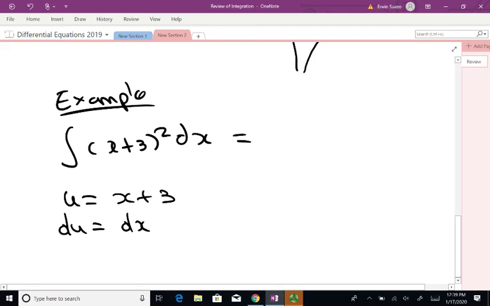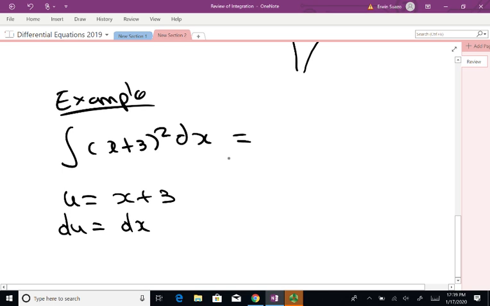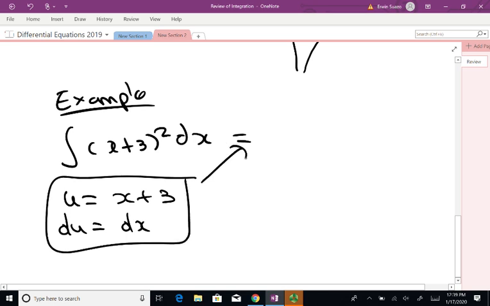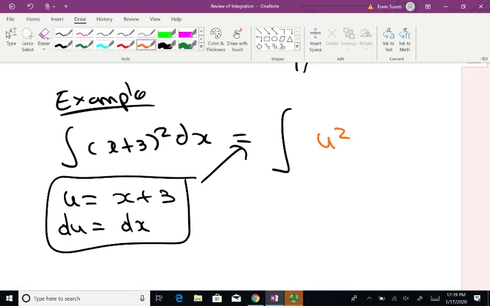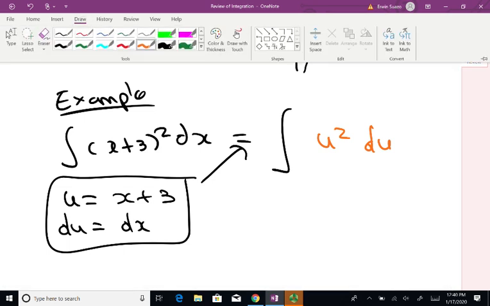So now we substitute. I get the integral where, instead of x plus 3, I write u, so I get u squared, and instead of dx, I write du. So what is the idea of substitution?